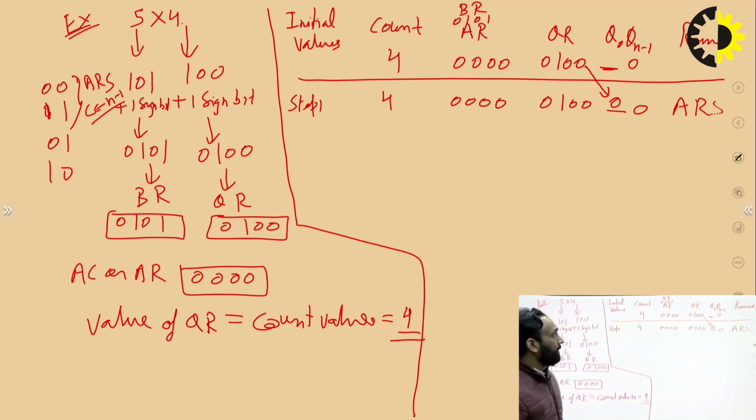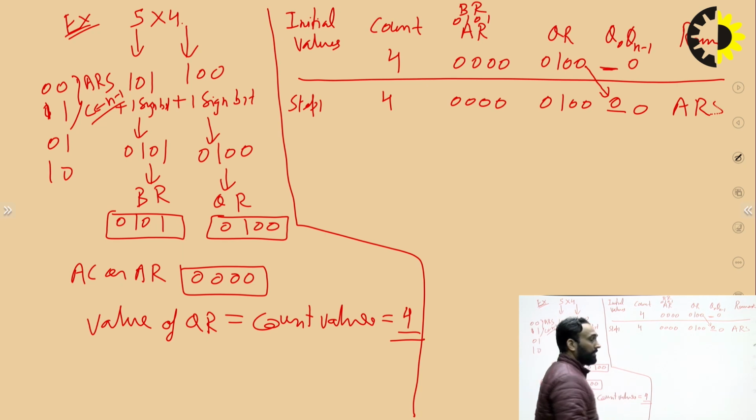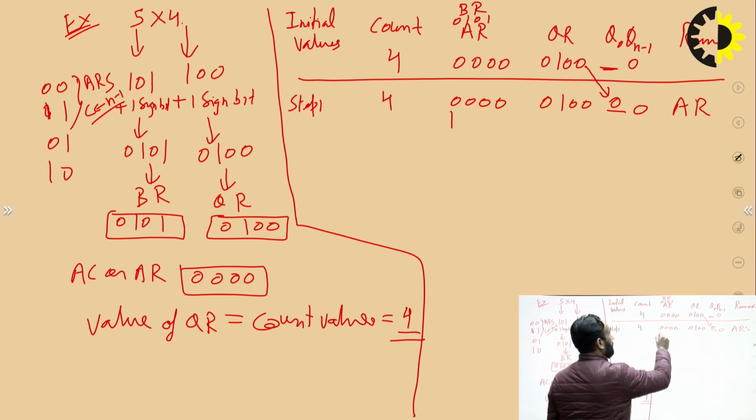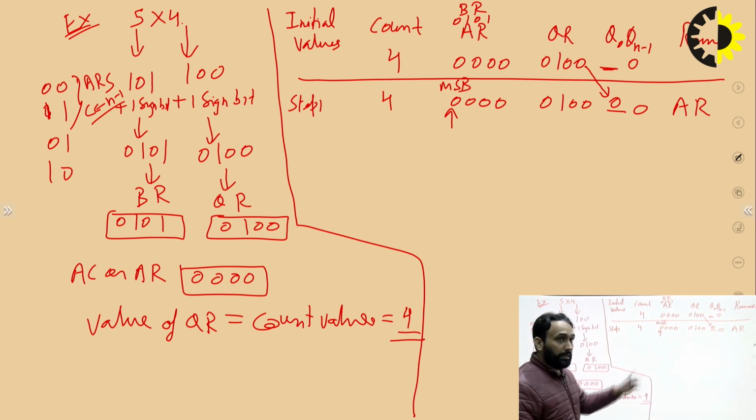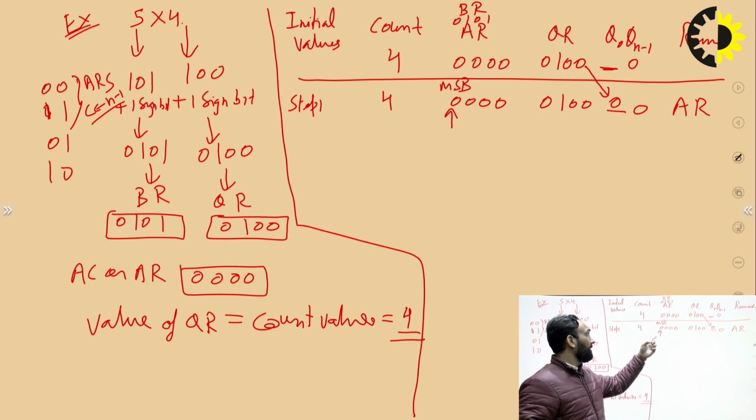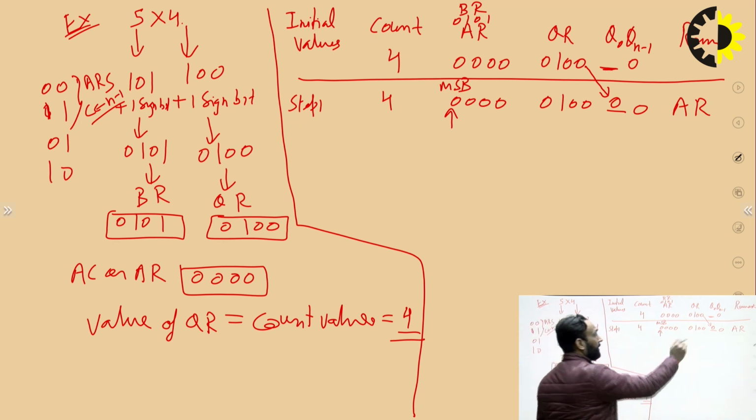When we perform arithmetic right shift, there is a property of arithmetic right shift. The shifting bits will move right, and at the MSB location, the most significant bit will generate what it was previously. What I mean here is that if it is 0, the 0 will generate at the place of the next value when we shift it right.